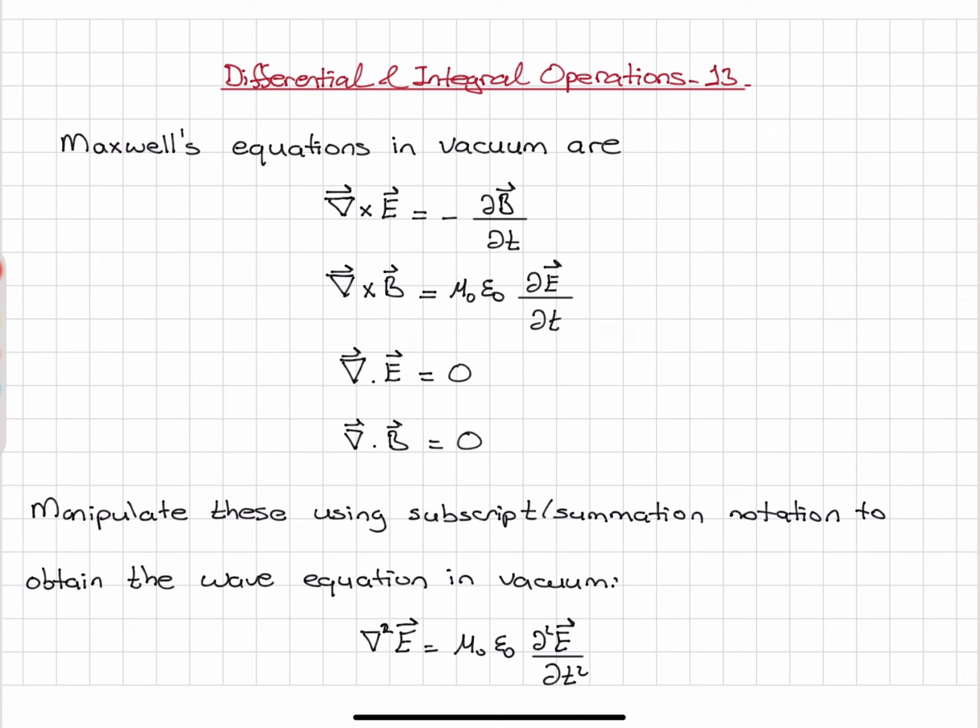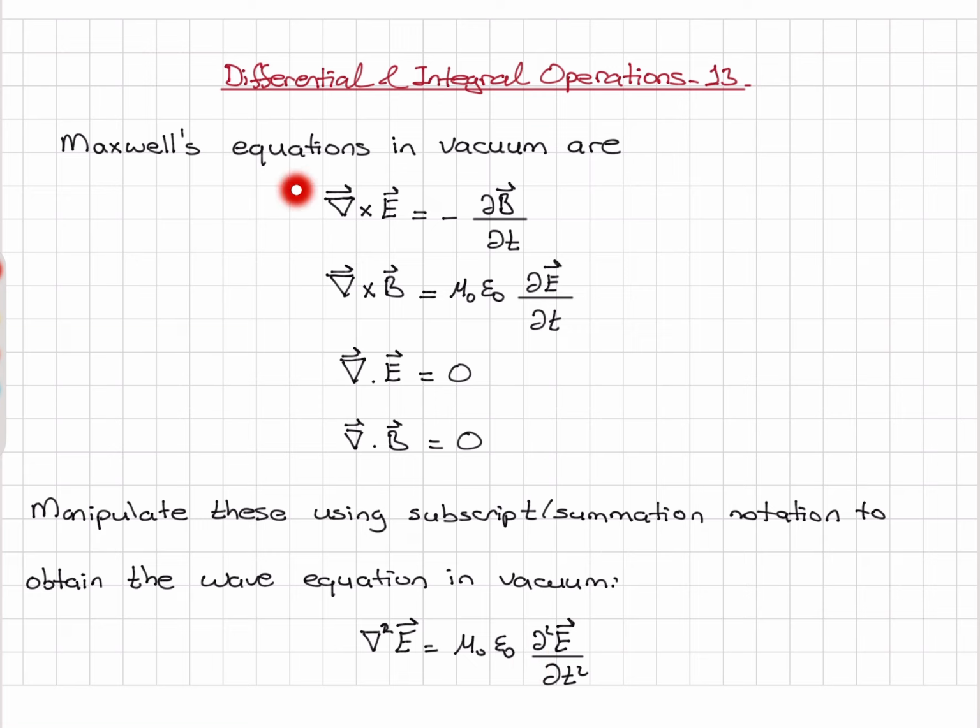Okay, so this question is about Maxwell's equations in vacuum. Curl E is minus dB dt. Curl B is mu 0 epsilon 0 del E del t. Divergence of electric field and magnetic field are 0 in vacuum. So this implies Laplacian of the electric field is mu 0 epsilon 0 second derivative of electric field with respect to time.